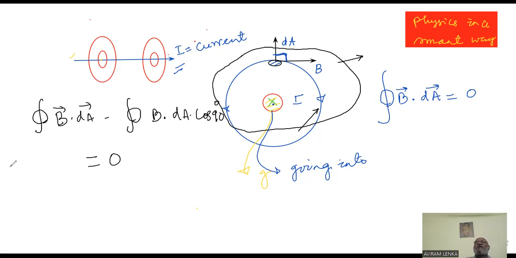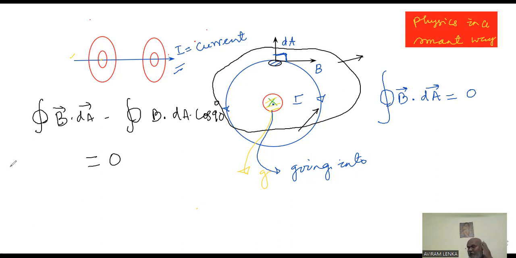Don't let rules and regulations and laws inhibit your thought. You must allow your mind to go free. In this case, I am giving the job to you: if the surface is non-spherical, how can we have the same result, that the integration of B dot dA is equal to 0?